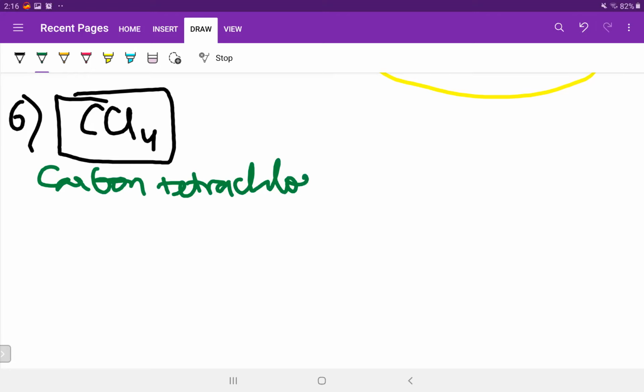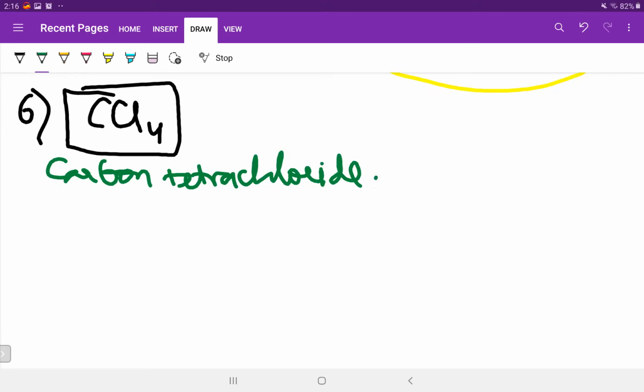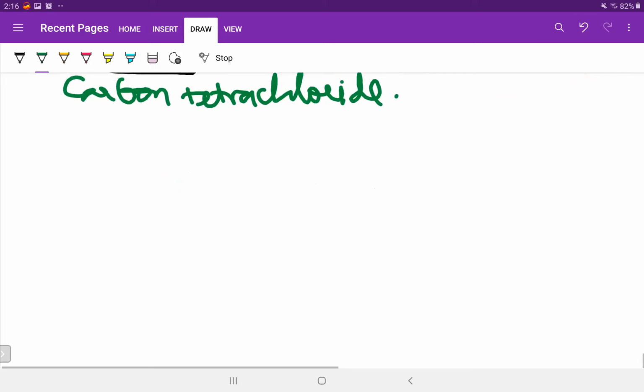So carbon tetrachloride, how many chlorine is it having? It is having 4 chlorine. So what will be the structure? C, and Cl1, Cl2, Cl3, and Cl4. That's a tetra. So let's make the electrons. How many electrons is carbon having in its outermost shell?